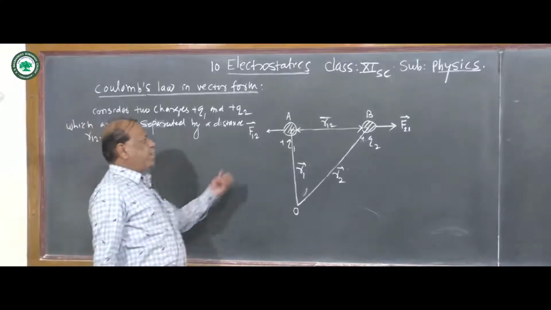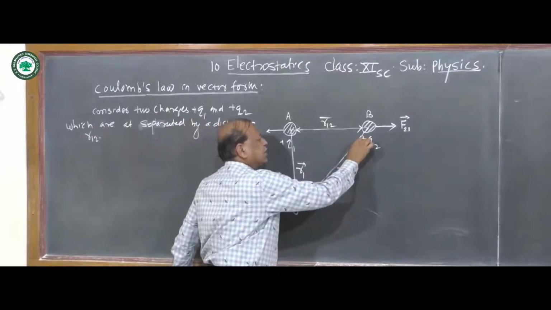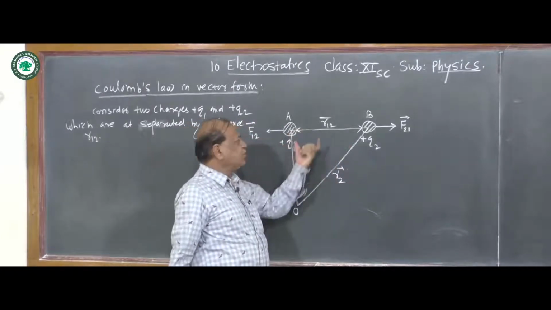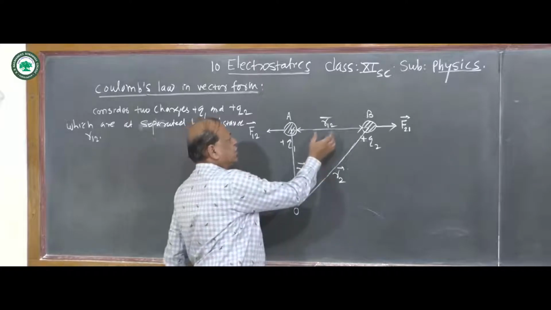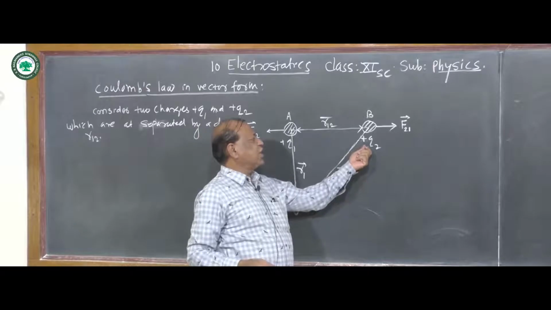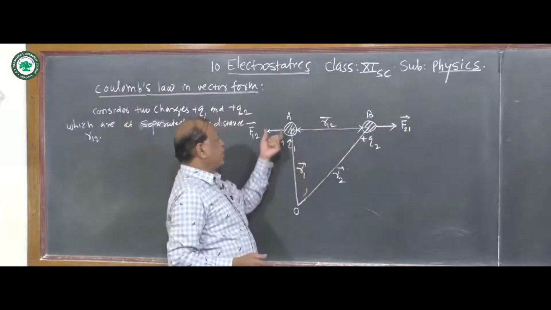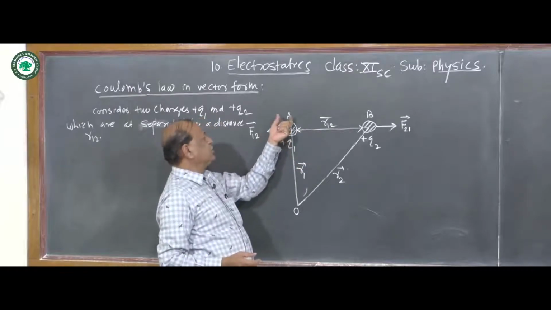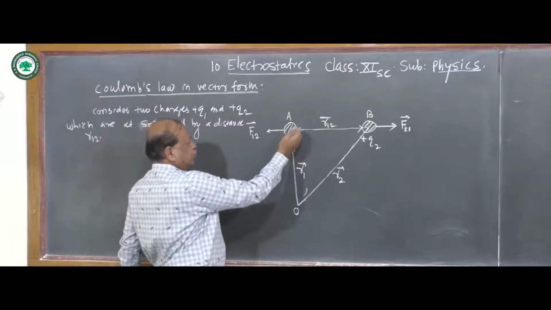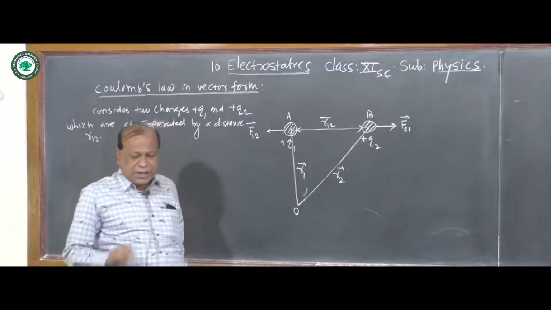Now here these are like charges, that is plus q1 and plus q2, therefore there is a force of repulsion, so their directions are like this. It means the force on charge q2 is directed away from point B, and the force on charge q1 is directed away from the point A here.